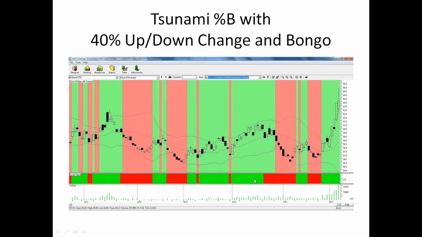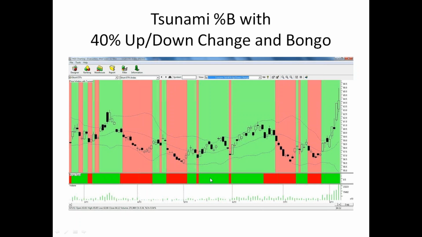In this case, this color is a Bongo up, and this color is a Bongo down. So, in the case of this down tsunami and this down tsunami, the daily Bongos went down the same day. And the day immediately following, there was tsunami up.